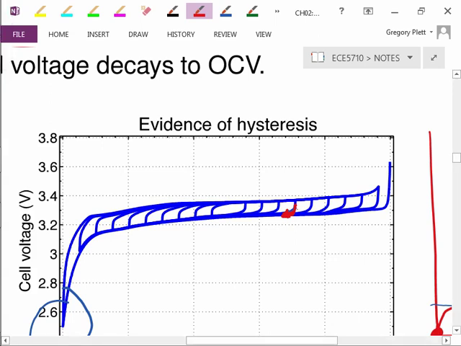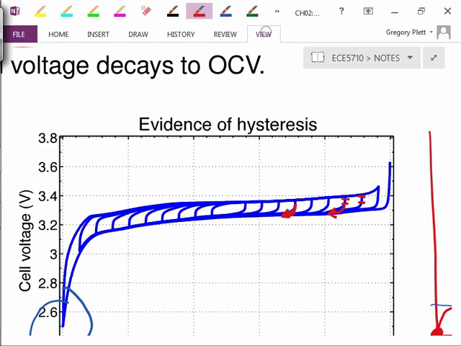And it sure does look like hysteresis changes quickly when I change the direction of current, but then it slows down. You could also argue that there may be some instantaneous change in voltage that's right away. As soon as I change the direction of current from the previous direction, there's an instant change in hysteresis, and then after that there's a kind of a dynamic change that is exponential.